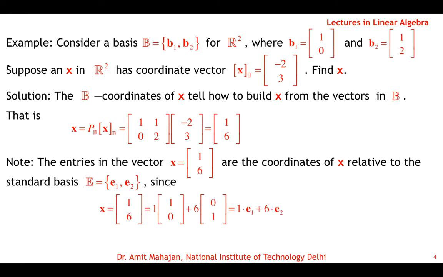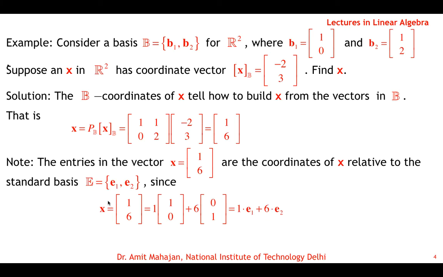So what we mean here is that if you are given this x vector, then we can easily write it as 1 times (1, 0) plus 6 times (0, 1). So we can write it as scalars times the vectors of the standard basis, that is, 1 e1 plus 6 e2.